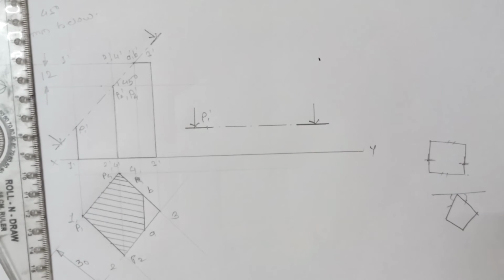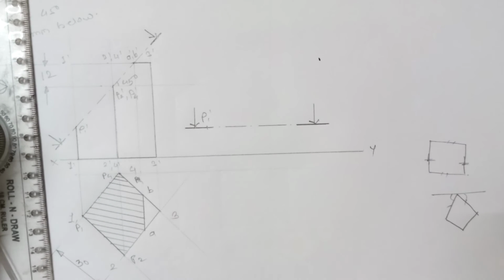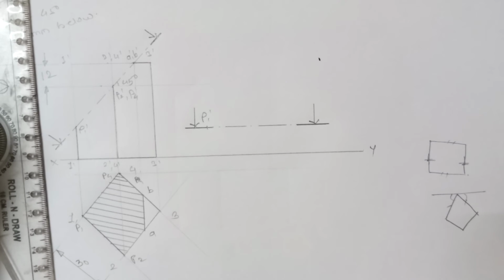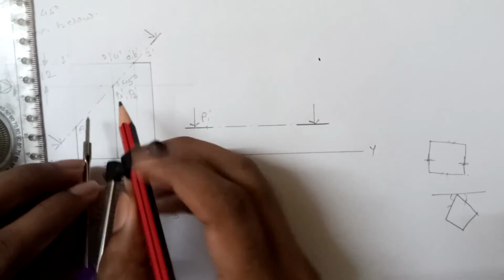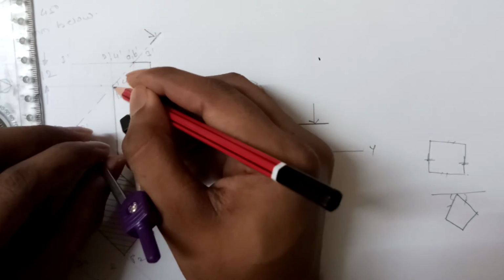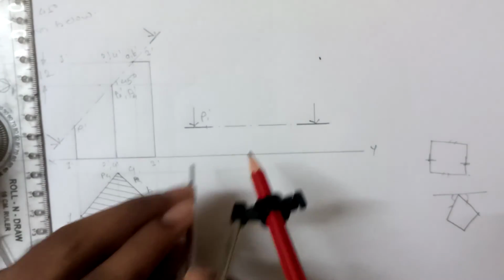Now take your compass. In your compass, measure the distance from P1 to P2, P4, and mark here.